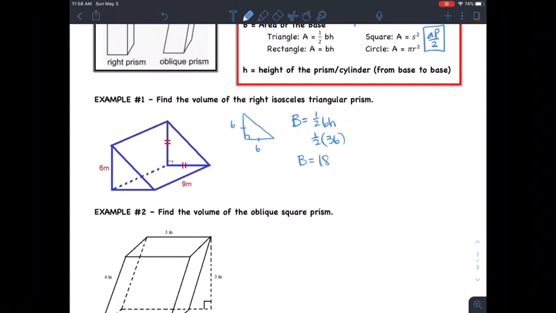So our big B is 18 meters squared. And then for our volume, we're going to do area of the base times the height between the bases. In this case, our 9 is the height between the bases. So I'm going to have 18 times 9, which gives me a value of 162 meters cubed.